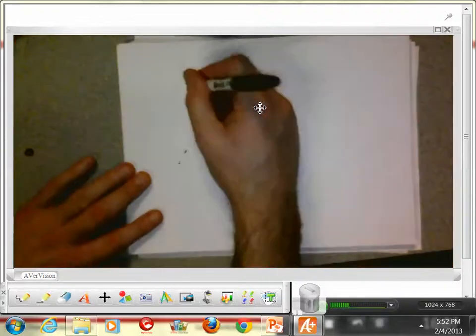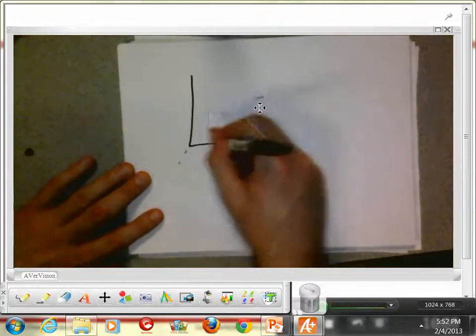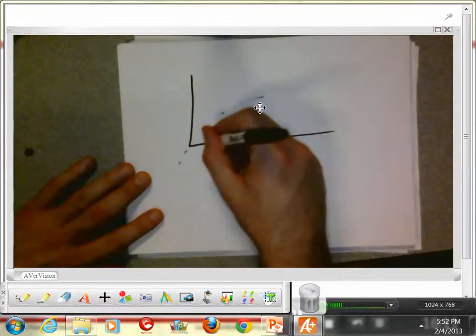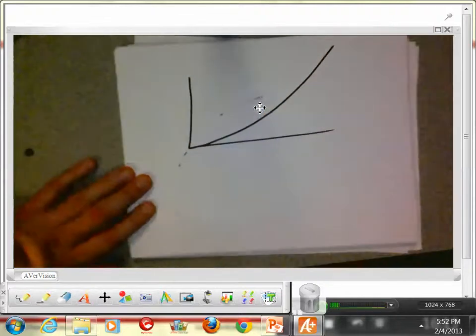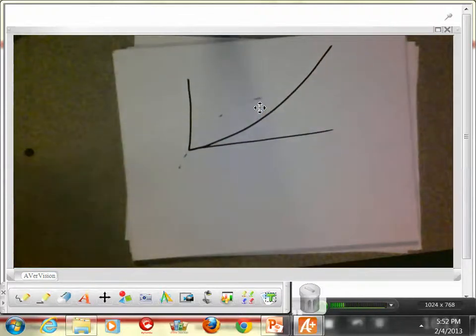But also, what about a function that looks like this? Is the first derivative negative or positive? How do you know? It's going up. The function is going up. Is the second derivative negative or positive? How do you know? Yeah, it's bowl-shaped up.